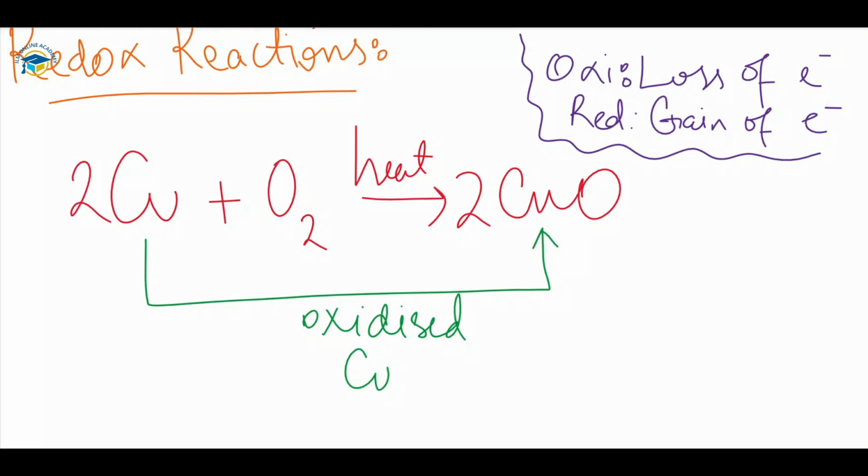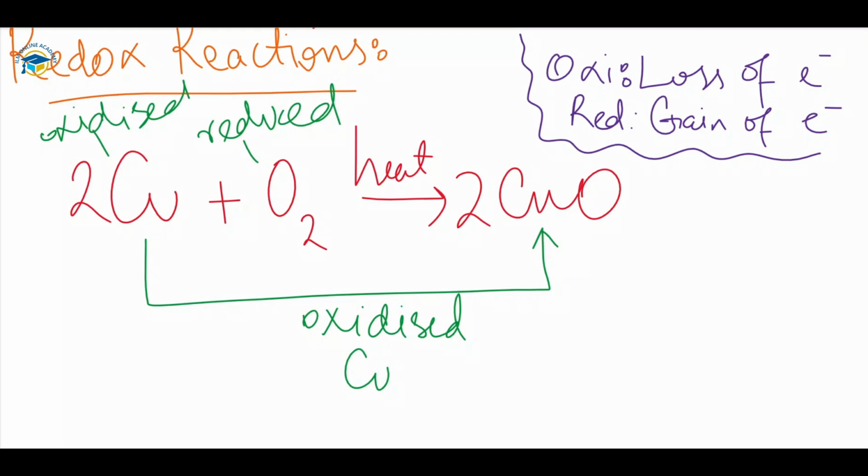In this example, oxygen is getting reduced. How is oxygen getting reduced? In this reaction, oxygen can be thought of as reduced because it is no longer present as a free element. So oxygen is reduced and copper is oxidized because copper is getting the oxygen.